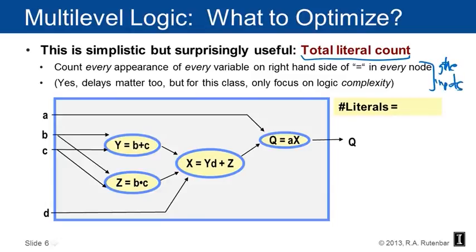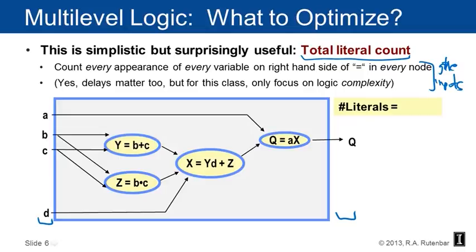So I've got a logic network down here in a Boolean logic network form. It's got A, B, C, and D as primary inputs on the left and Q as a primary output on the right. There's a Y equals B plus C bubble that consumes B and C and creates Y. There's a Z equals BC bubble that consumes B and C and creates Z. There's an X equals YD plus Z bubble that consumes Y and Z and primary input D. And then there's a Q equals AX bubble that consumes a primary input, and X, an internal node.